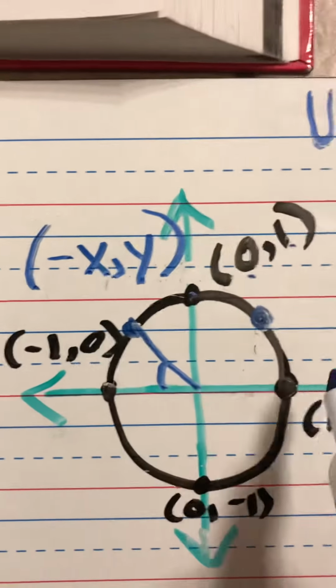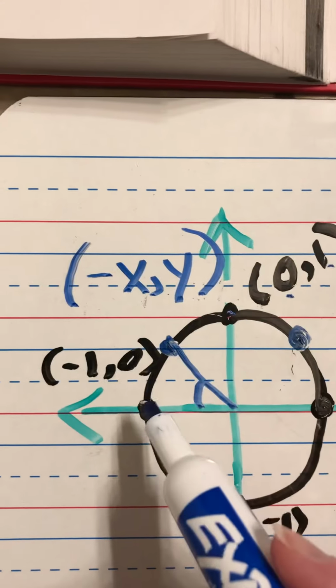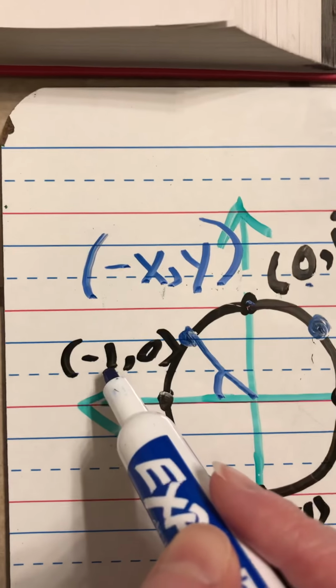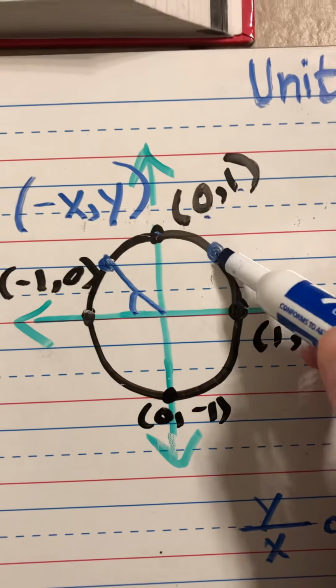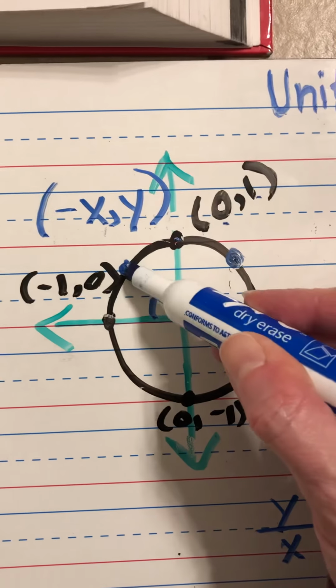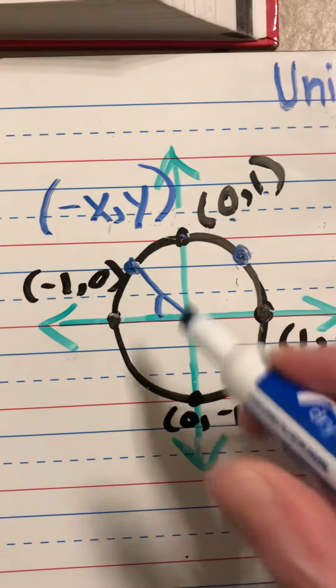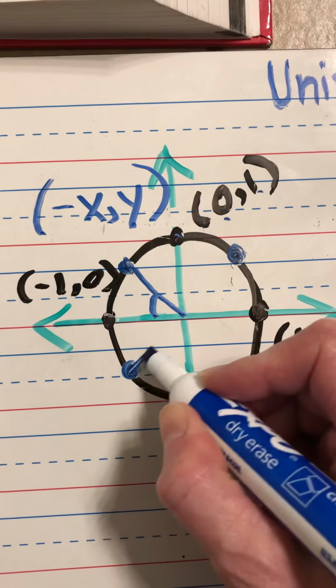Then the tangent of pi. Pi is a 180-degree turn. Y divided by x is 0. And then 5 pi over 4. So we have 1 pi over 4, 2 pi over 4, 3 pi over 4, 4 pi over 4, 5 pi over 4.